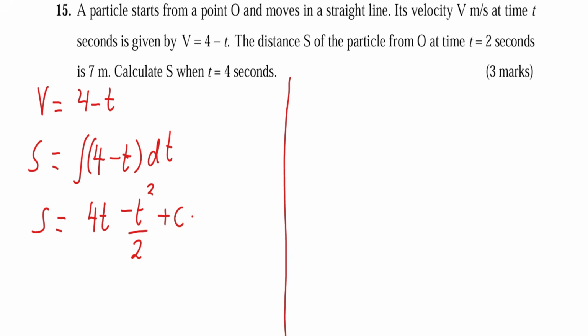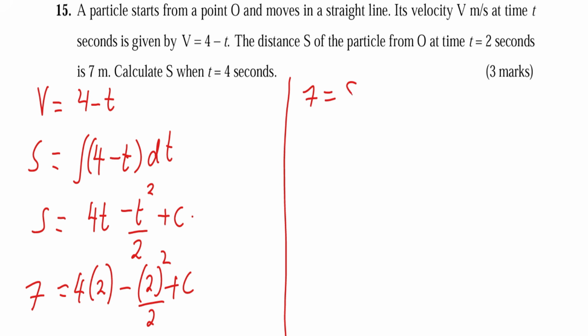So the distance s when t is equal to 2 seconds is 7. So where s is 7, and where t you put 2. So 4 times 2 minus 2 squared over 2 plus c. So 7 equal to 4 times 2 is 8 minus 2 squared, which is 4, divided by 2 plus c.